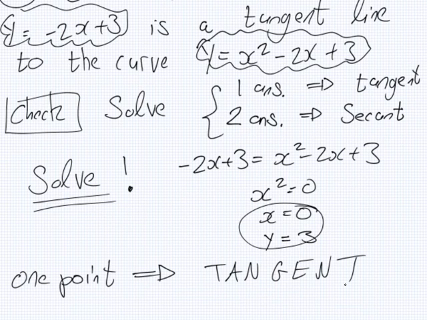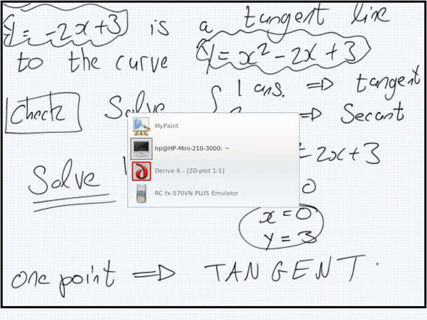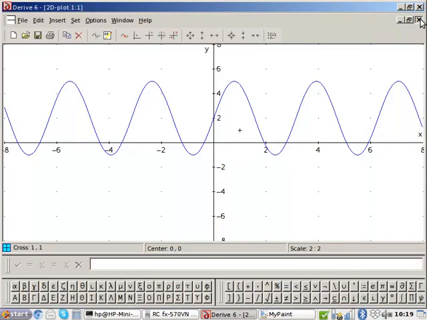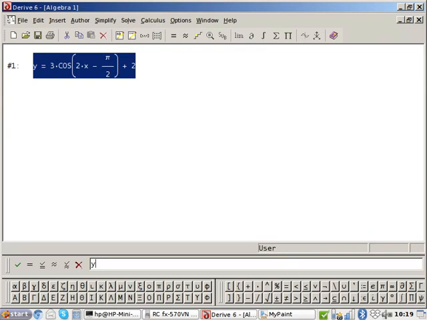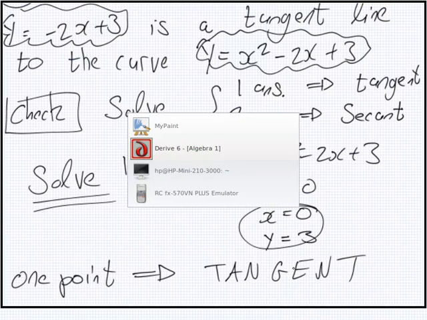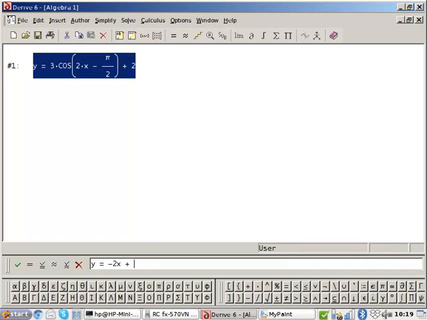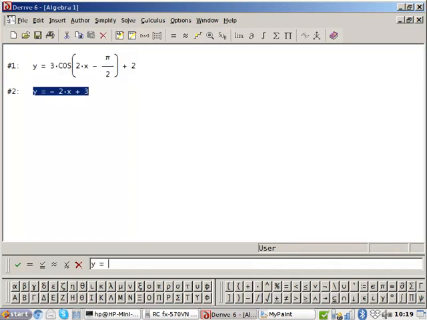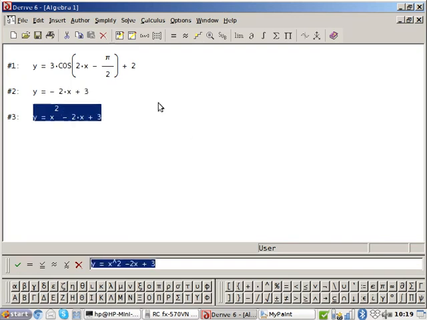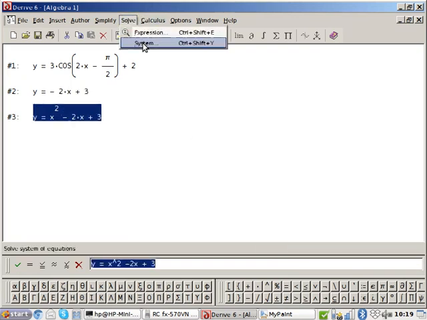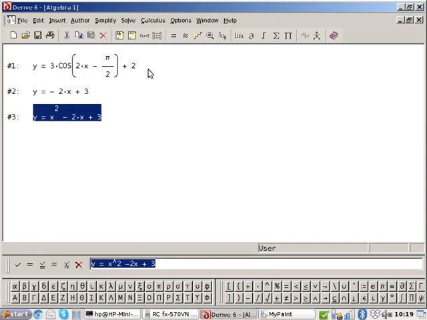Let me use my graph program to draw this. Okay, so the first one was y equals minus 2x plus 3. And the second one was y equals x squared minus 2x plus 3. Plot.